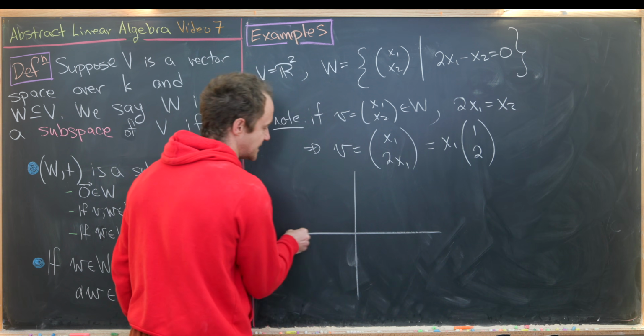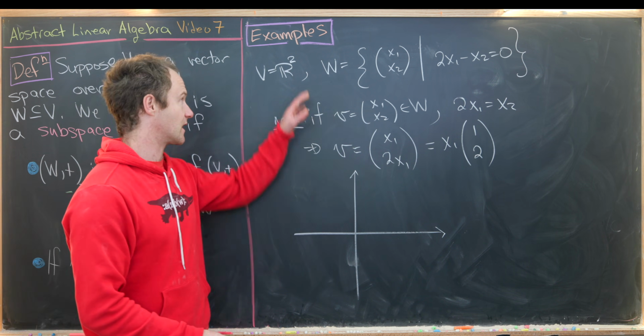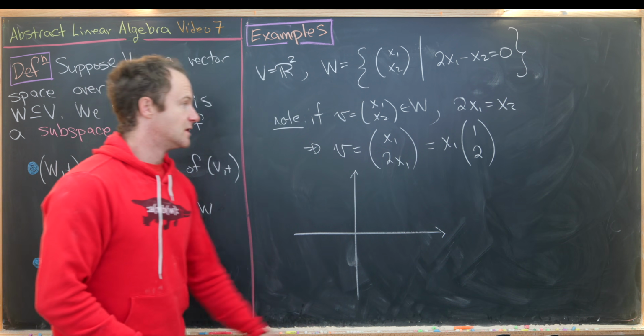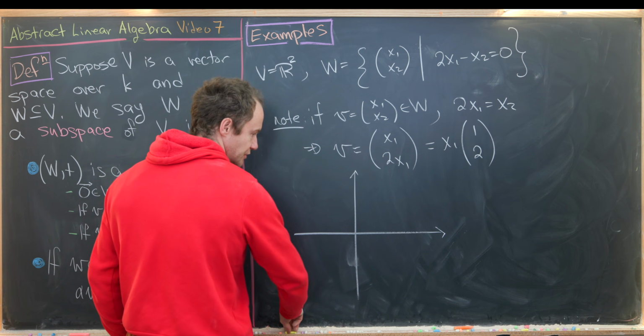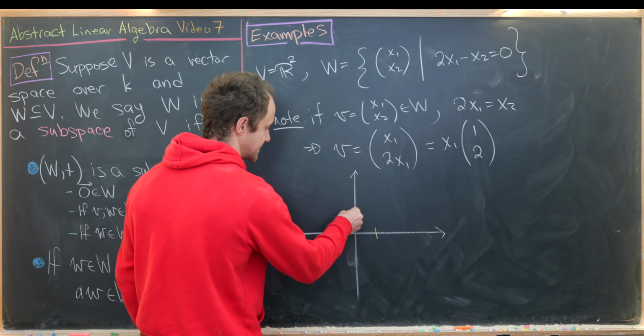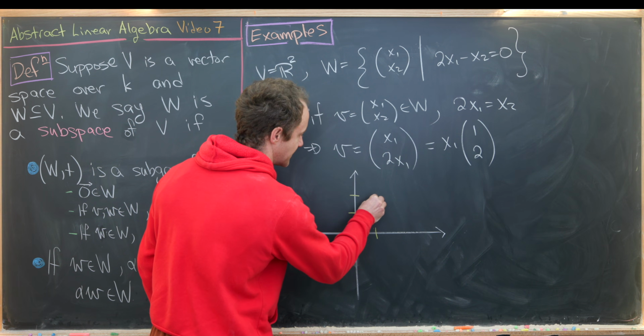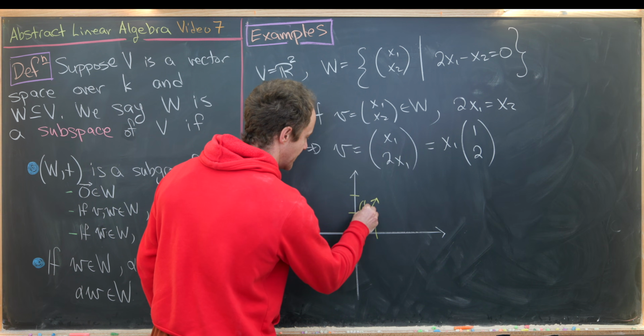Okay, but if we go down here and draw the Cartesian coordinate plane, which is a good analog for R2, notice the vector 1, 2 can be written like this. So it's 1 unit along the horizontal axis, 2 units along the vertical axis. So it looks something like this. This would be our vector 1, 2.